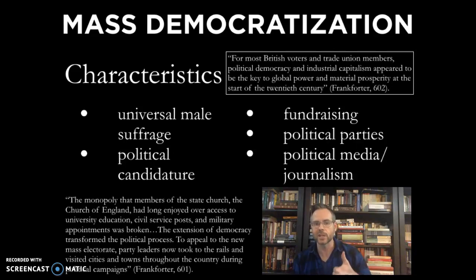Universal male suffrage is the idea that regardless of whether you own land, regardless of whatever your color is, regardless of whatever station or whatever religion you hold to, you have the right to participate in the democratic processes that your government permits.